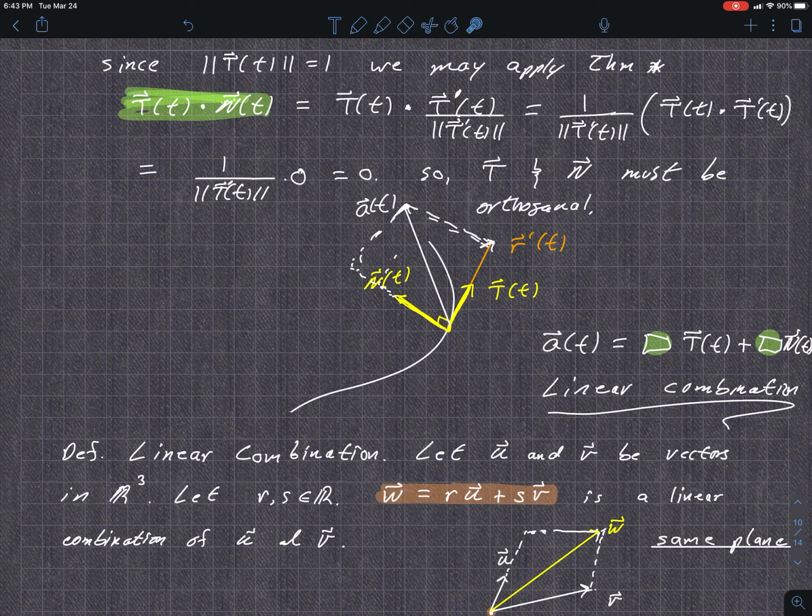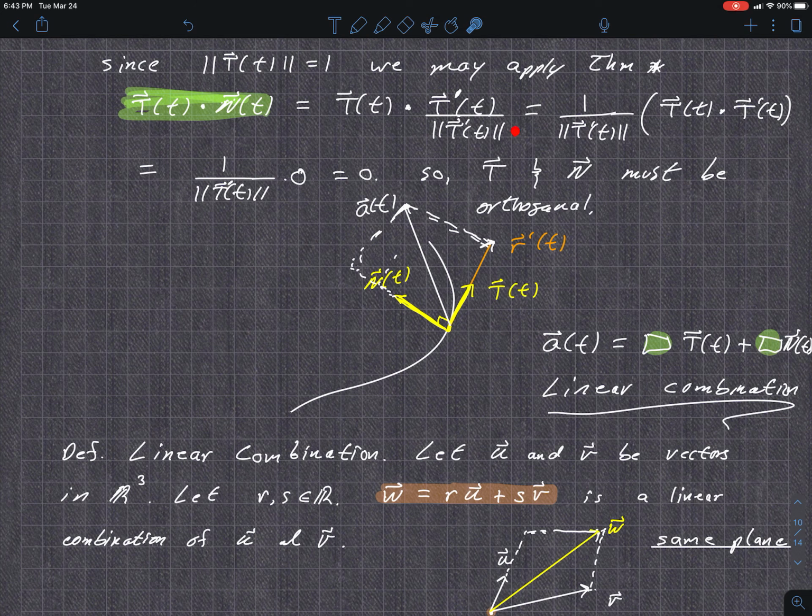So we can apply that formula that T and T prime are orthogonal. When you divide T prime by its non-zero constant magnitude, that's not going to change anything. So this whole thing here is of course 0, and you're good to go. Just be familiar with all that kind of stuff.